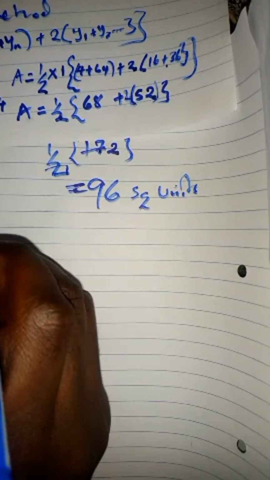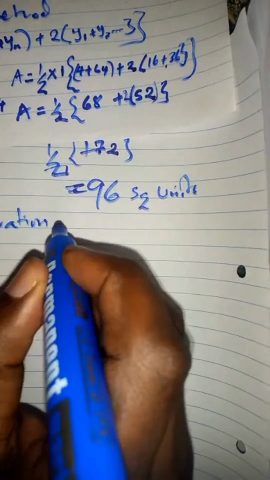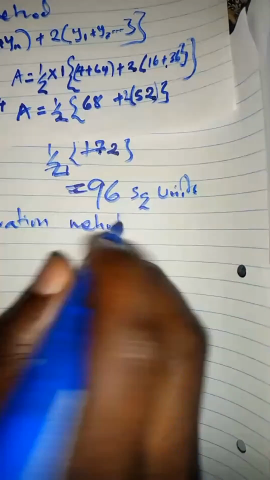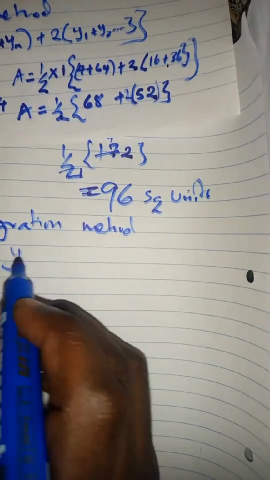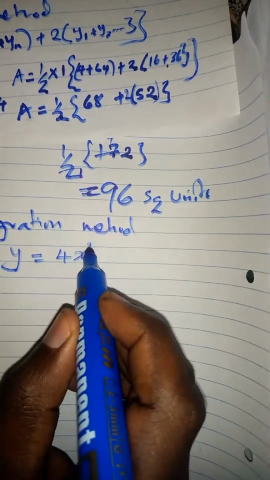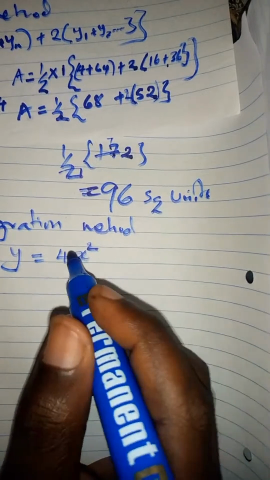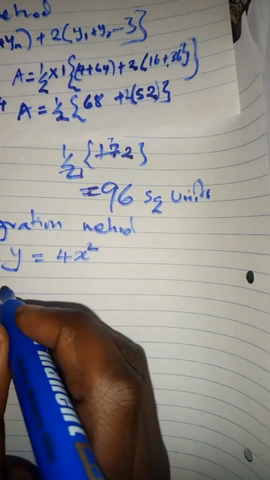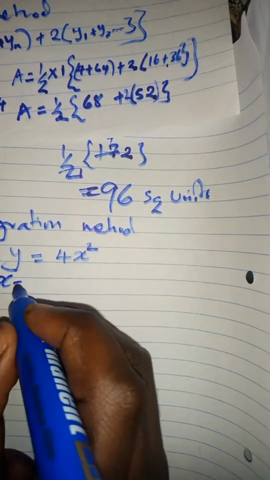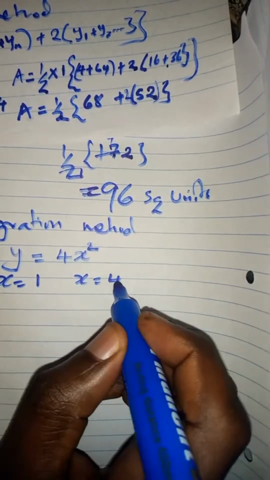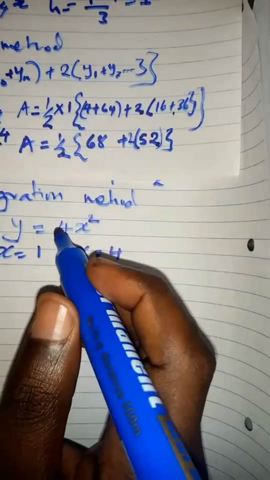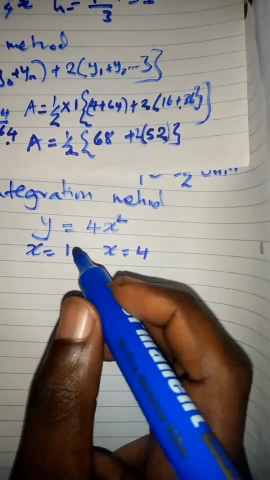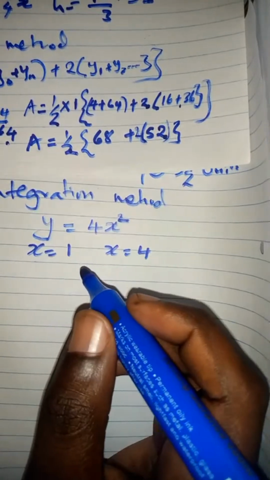Now let me find the area using the integration method. So my equation was y is equal to 4x squared, and the boundaries were x is equal to 1 up to x is equal to 4.